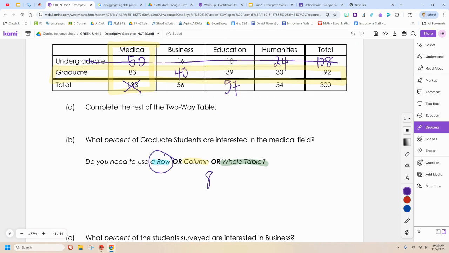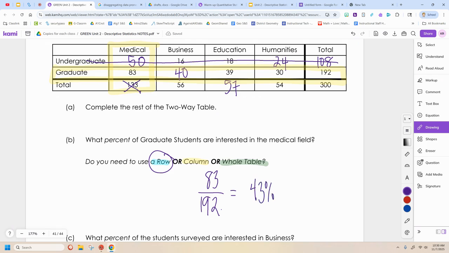It's going to be 83 out of, how many graduate students do we have? Yeah, 192. And you're always going to change that into a percent by dividing. Don't forget to put a decimal in there. Believe it turns out to be 43%.